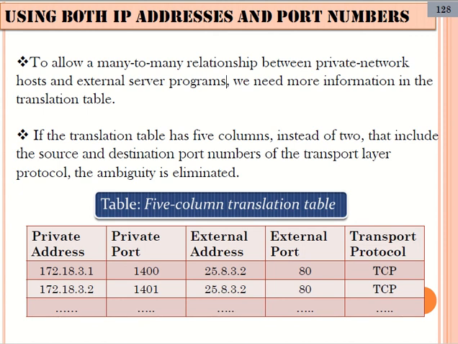So I repeat, I'm giving you two questions as assignment. First question: with a neat diagram, explain how NAT helps in address translation. You need to explain what NAT is, and how it can be achieved using only one IP address, a pool of IP addresses, as well as using both IP address and port address.